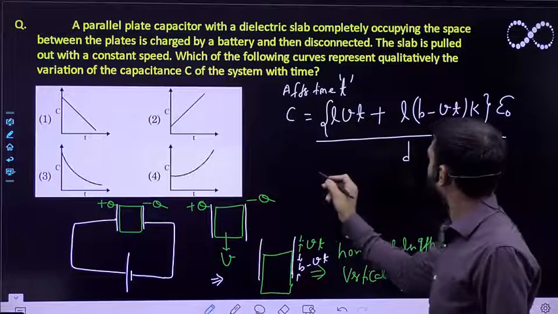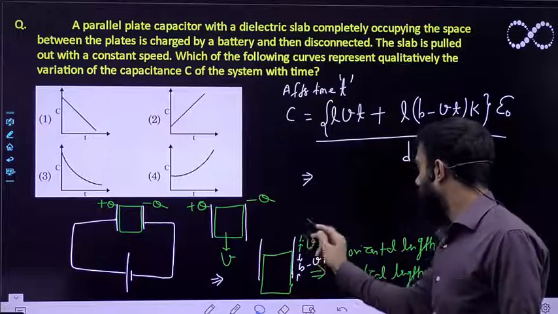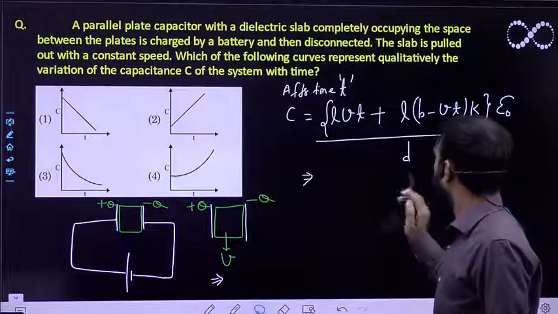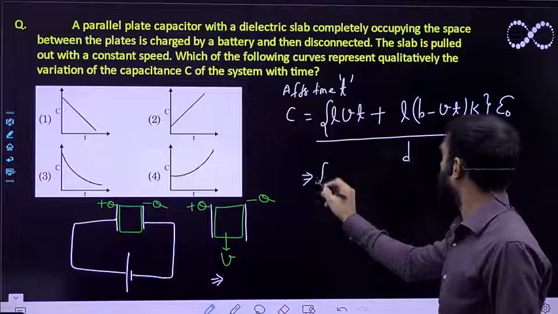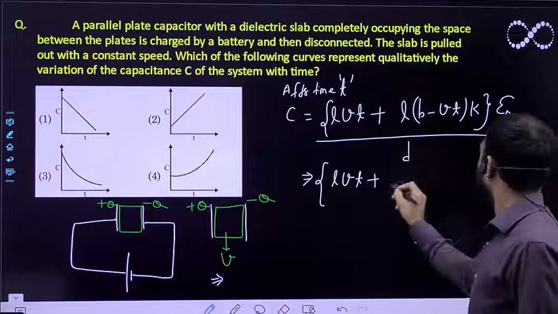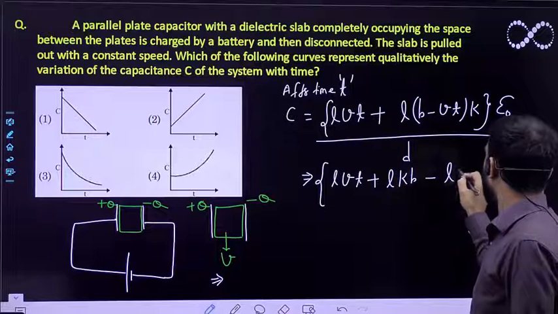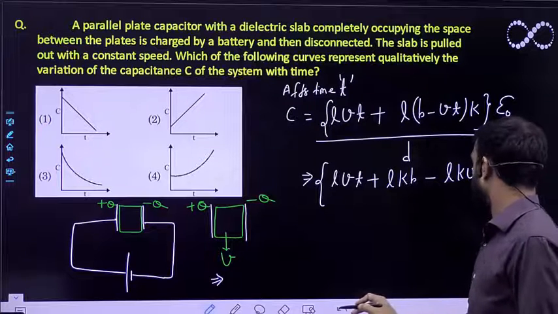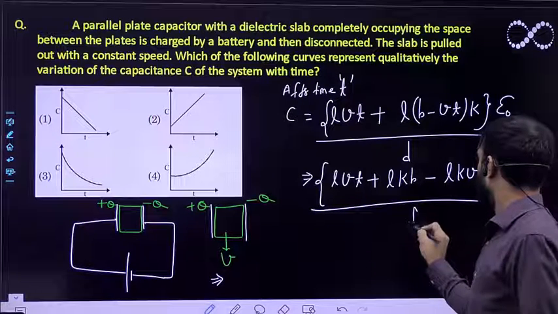Now if I do the calculation inside it, we get Lvt plus LKB minus LKvt, multiplied by epsilon naught divided by d.